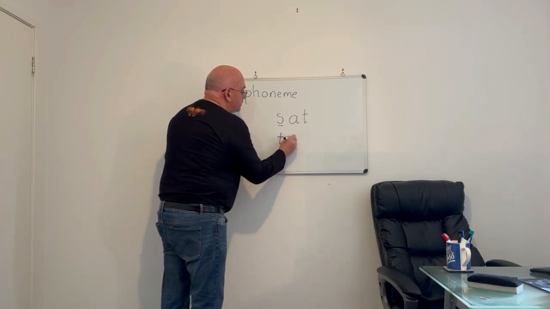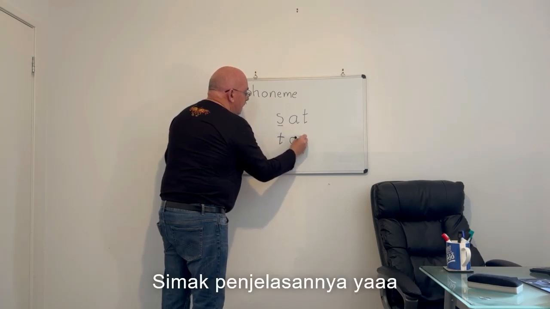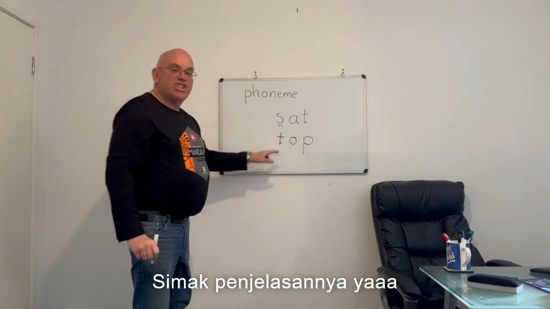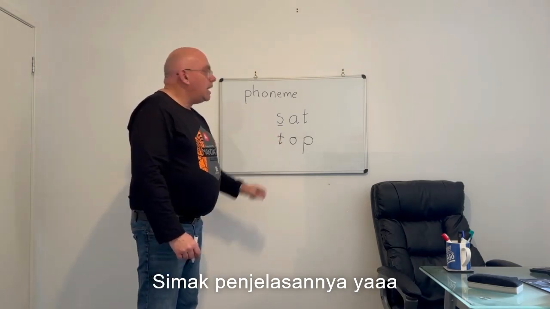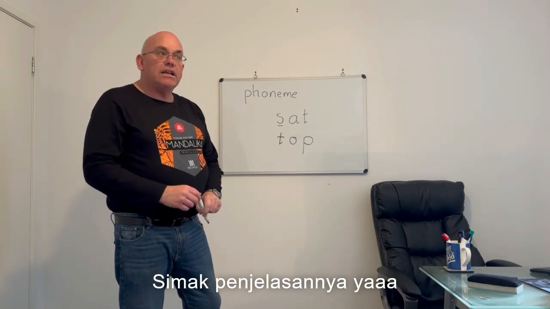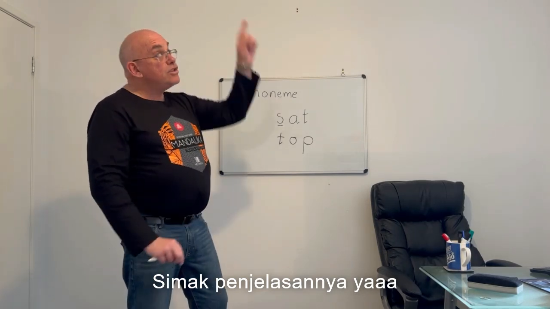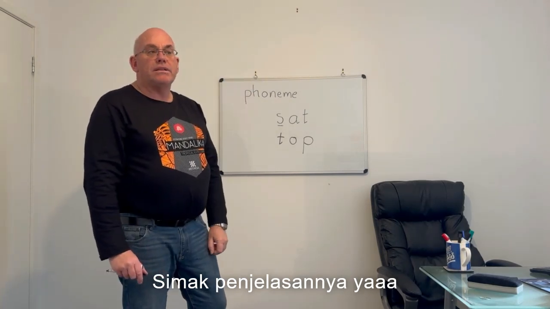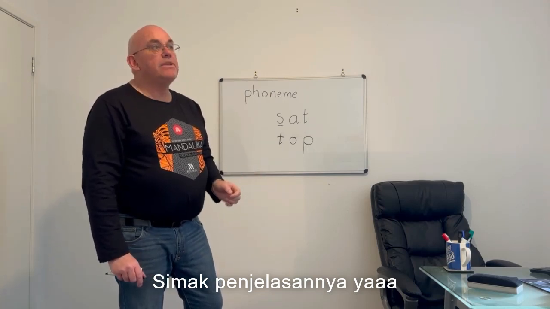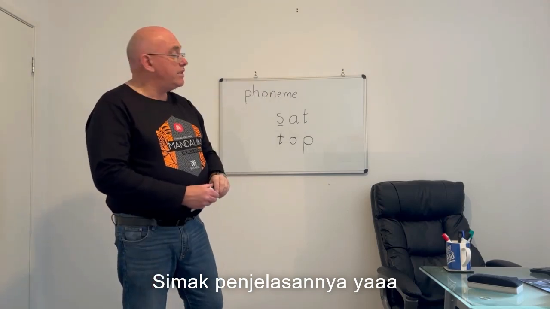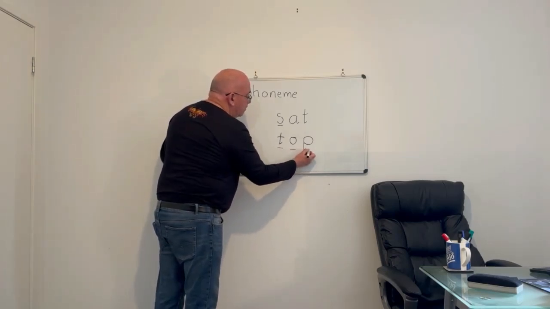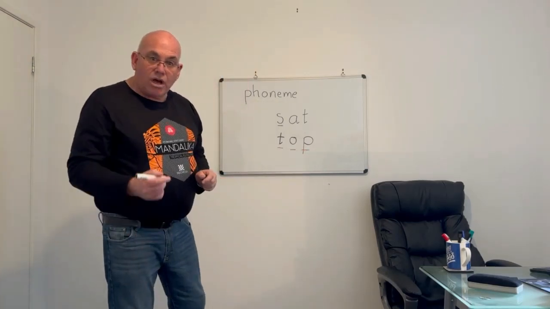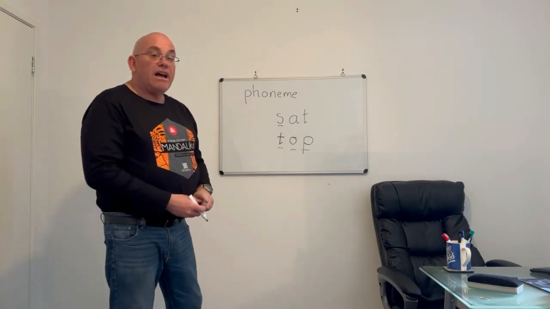T, O, P, top, okay, top. He climbed to the top of the mountain. So, T, A, P, top. So these are phonemes.